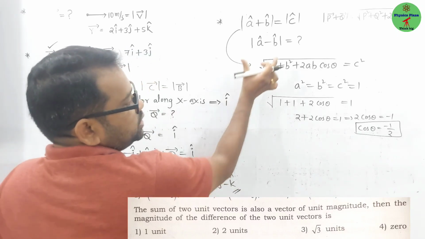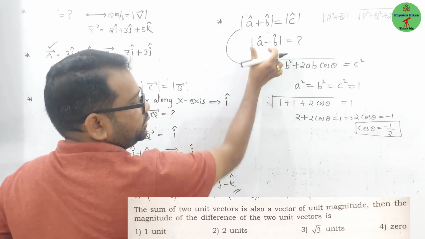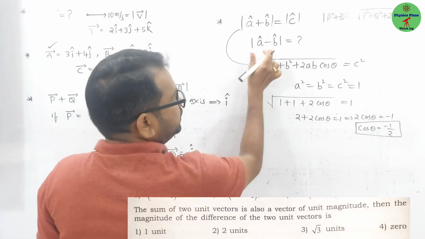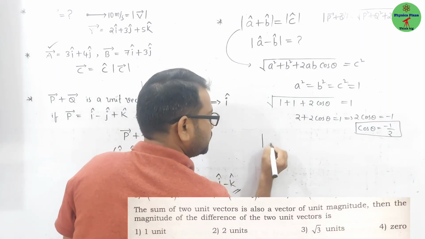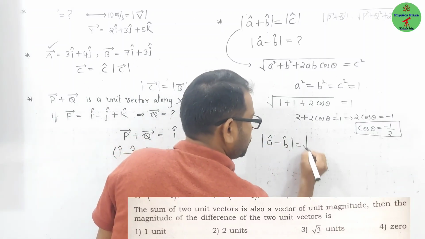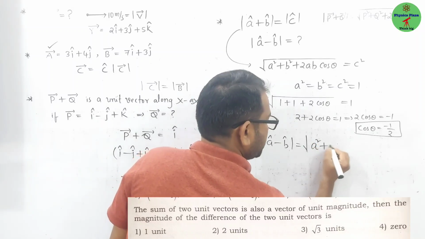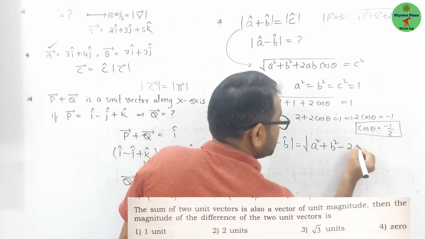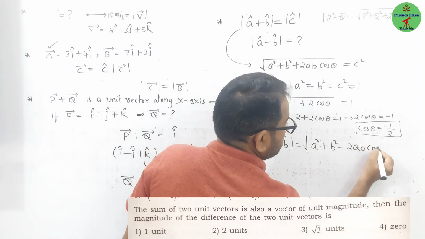Now children, they are asking us to calculate this, right? Let us take the magnitude of A cap minus B cap, which can be written as square root of A square plus B square minus 2AB cos theta.